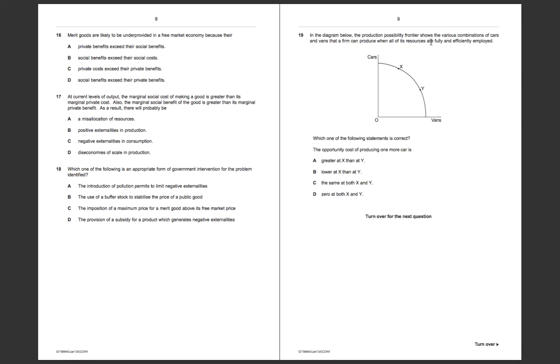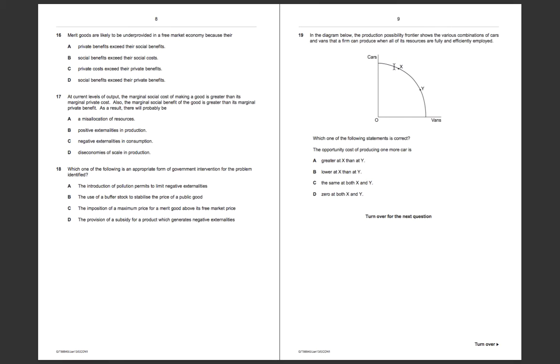When all of its resources are fully and efficiently employed, it will be on the curve. Which one of the following statements is correct? The opportunity cost of producing one more car is greater, lower, the same, or zero. There's always going to be an opportunity cost, so it can't be zero. So let's rule out D.